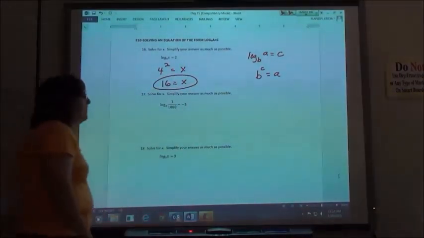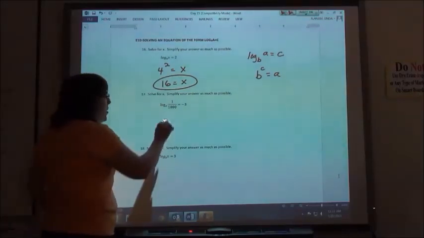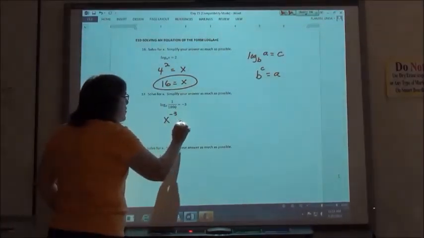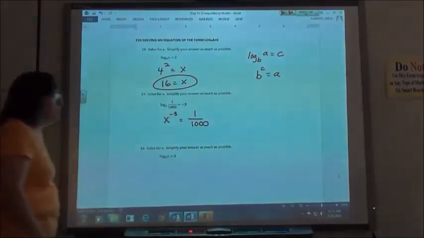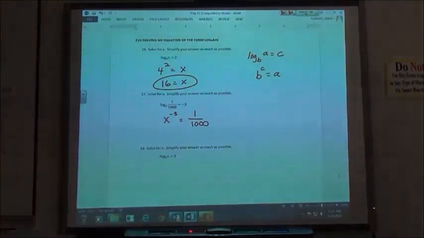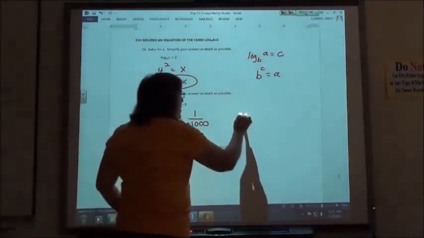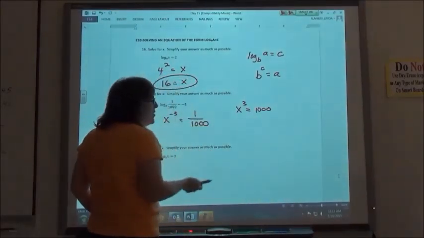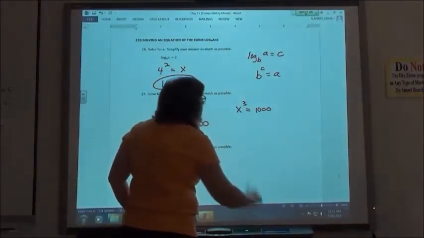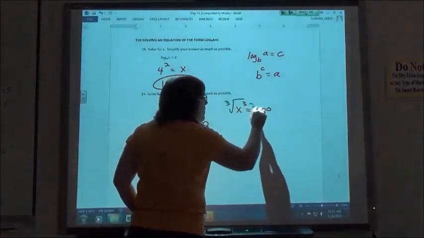On this one, I have to find the base number. What to the negative 3rd power equals 1 over 1,000? So I want to think about the opposite. What to the 3rd power equals 1,000? In order to solve that, I could do the cube root, right? Because that's the opposite.